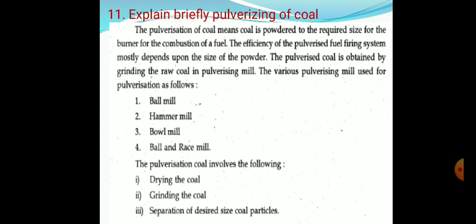The various pulverizing mills used for pulverization are as follows: ball mill, hammer mill, ball and race mill. The pulverization of coal involves the following: drying the coal, grinding the coal, separation of desired size coal particles.